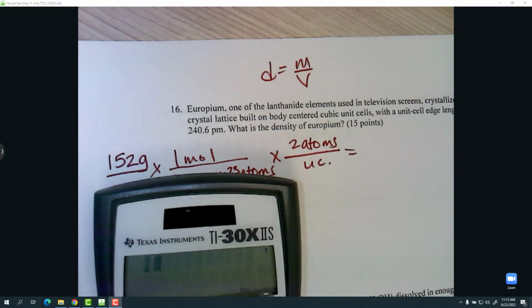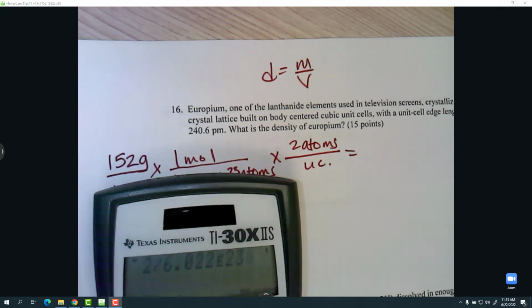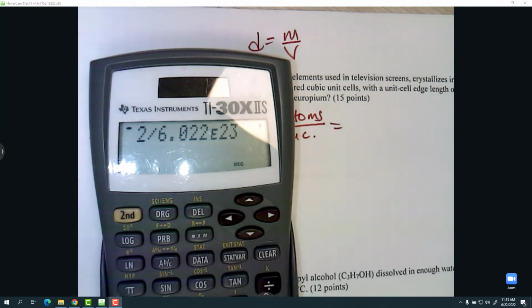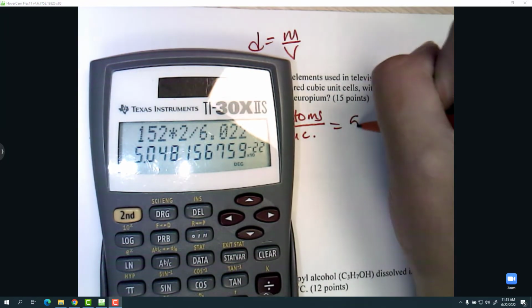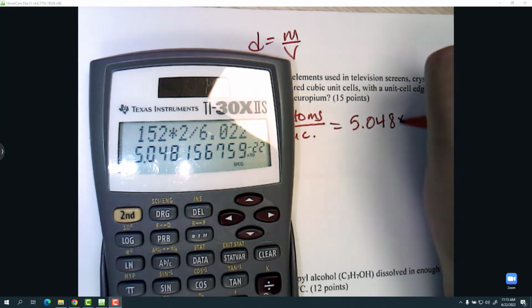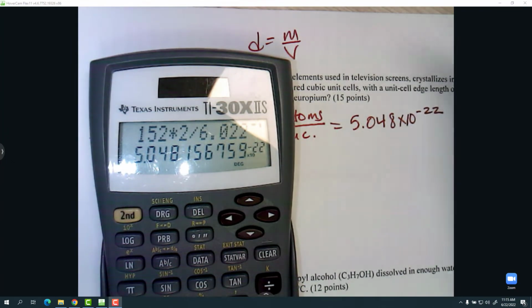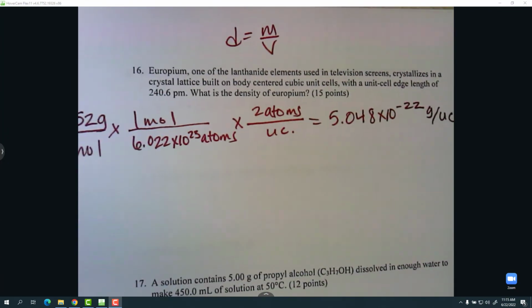So 152 times 2 divided by 6.022 times 10 to the 23rd. 5.048 times 10 to the minus 22 grams per unit cell. All right, so that's my mass.